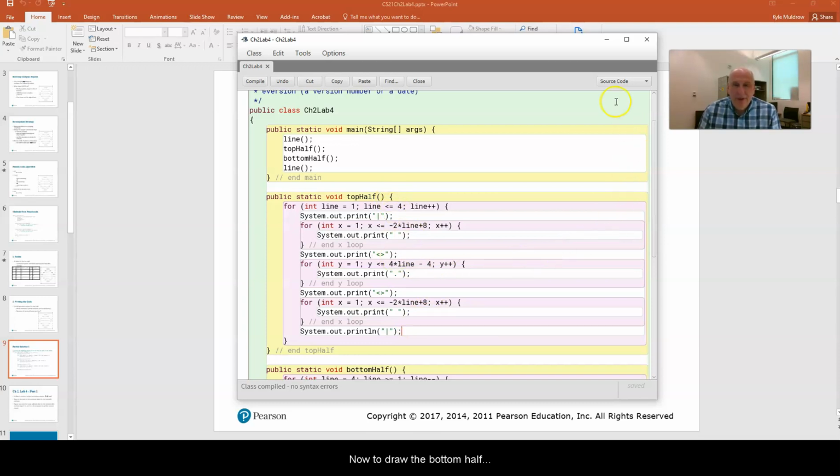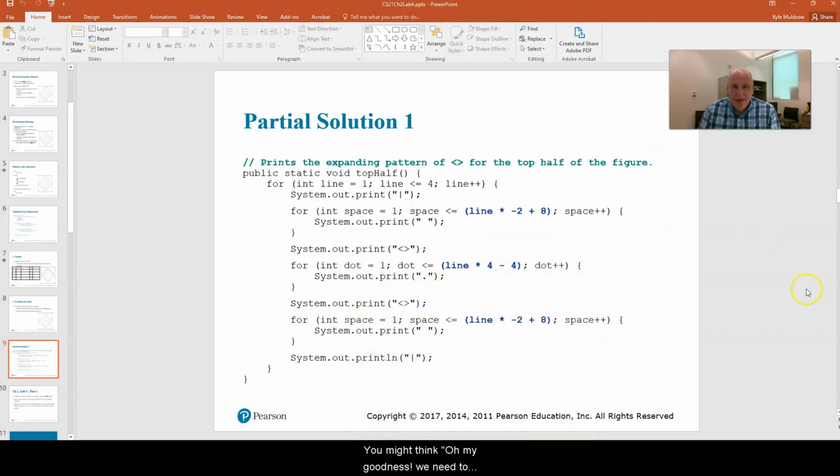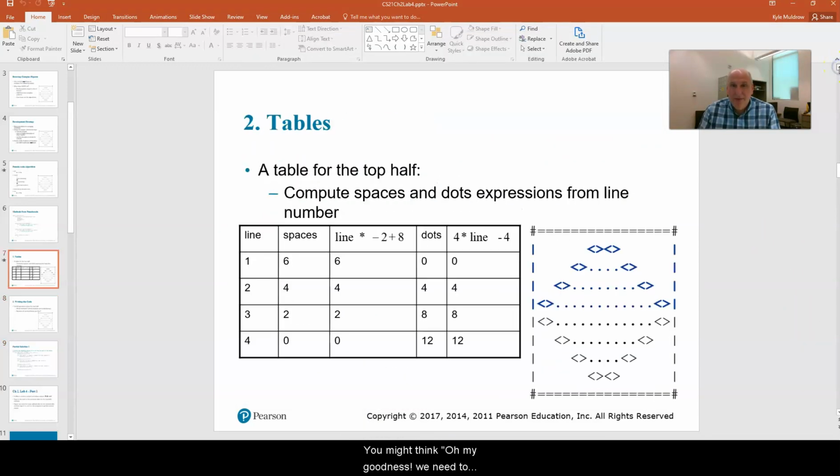Now to draw the bottom half, you might think, oh my goodness, we need to rethink this whole thing again, but not really. For example, here's line number 1, where we have a bunch of blanks, no dots, and 2 diamond symbols. Doesn't that look the same as line 4 of the bottom half?